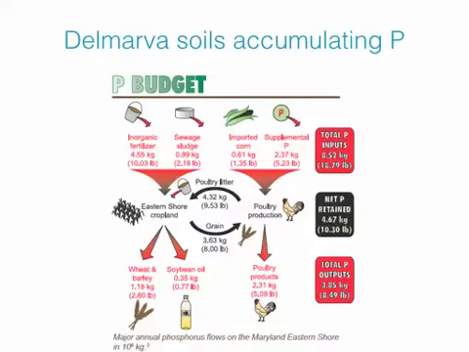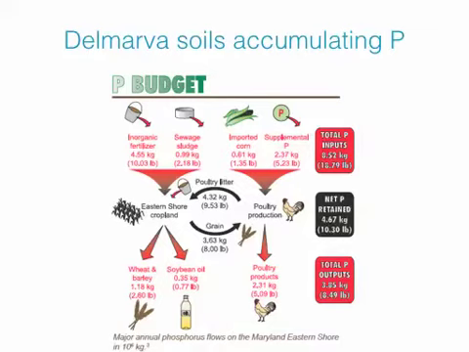Phosphorus is a different story, and this phosphorus budget for the entire Delmarva Peninsula takes into account the total amount of fertilizer imported, the total amount of sewage sludge applied to the fields, the amount of corn that's imported to feed the chickens, and any supplemental phosphorus for their production, and then takes out the poultry litter, that is the manure from these chickens, which is applied to the crops, and then what gets taken out of the ecosystem by the grain that we export, and the chickens that we export from the system.